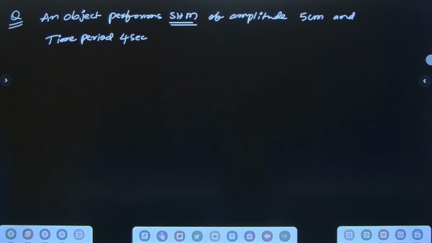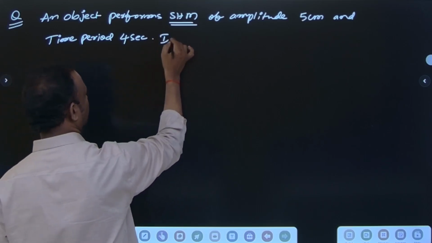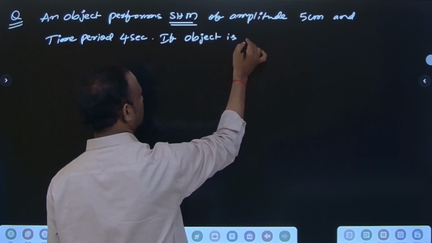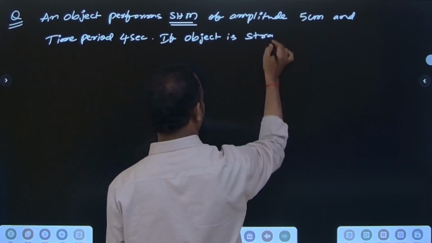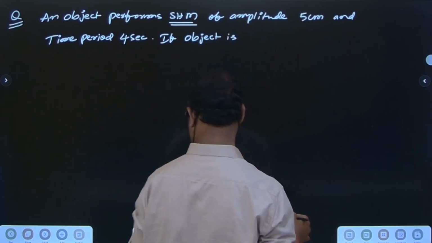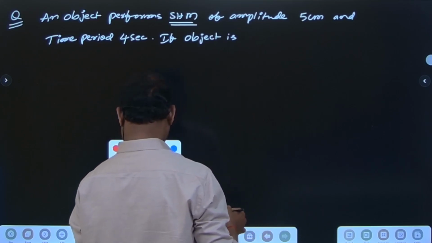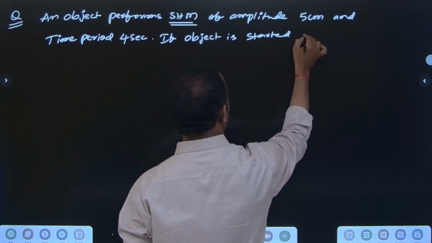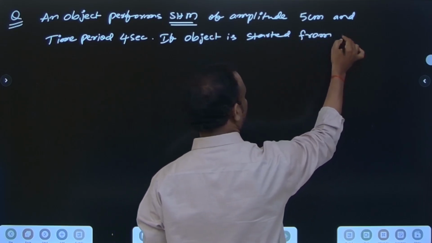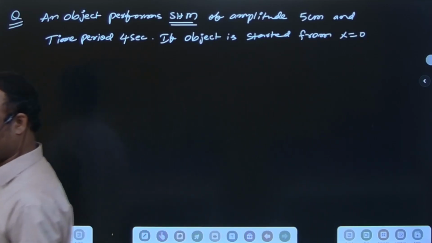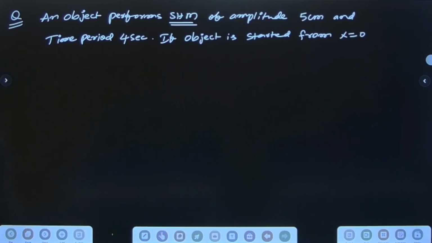If the object is started from the center, from x equals 0. X equal to 0 means what? Mean position. Okay. Started from x equals 0.